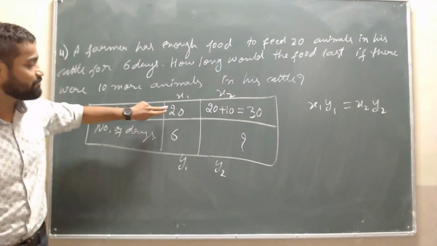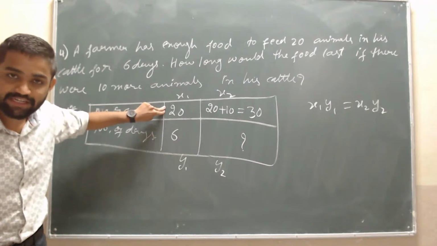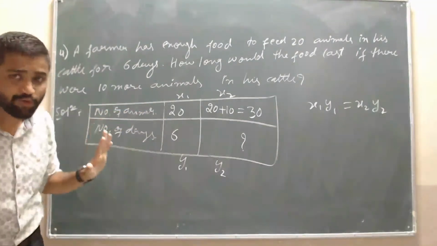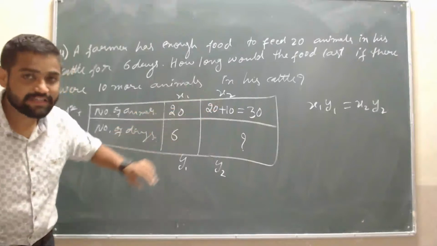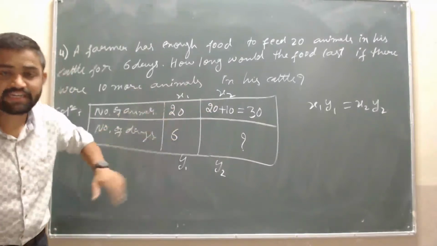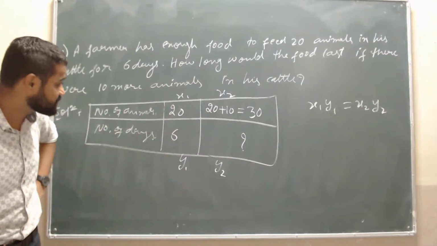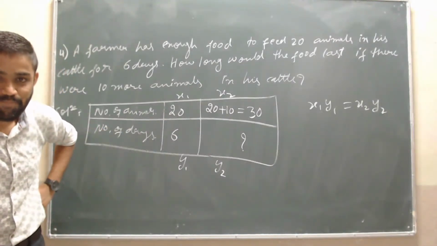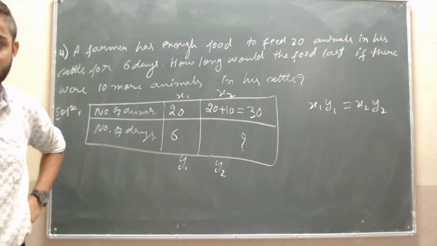See here, sir, 20 animals eat for 6 days. If more animals are there, then the food must decrease, so the number of days must decrease. Yes, check it once, Bharata and Vaishnavi.